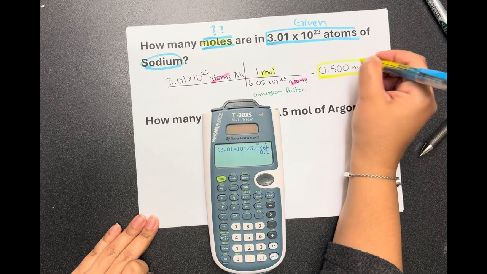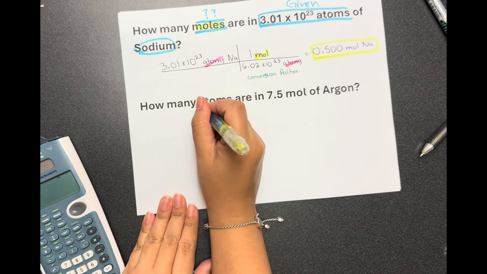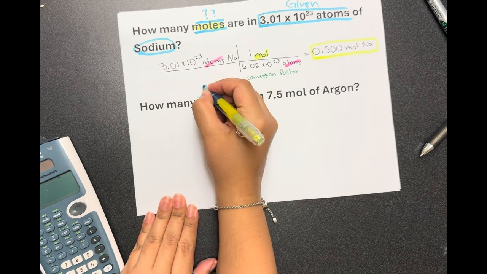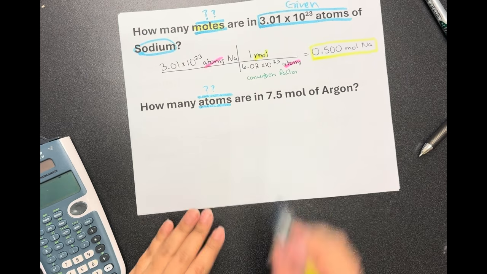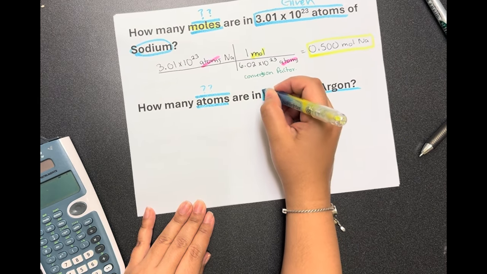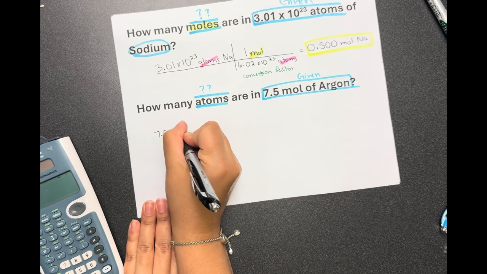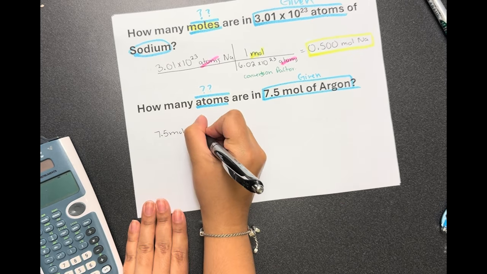Answer. The next problem says, how many atoms are there in 7.5 moles of argon? So it's asking me for atoms. I'm going to write the number, 7.5 moles of argon, which is Ar.